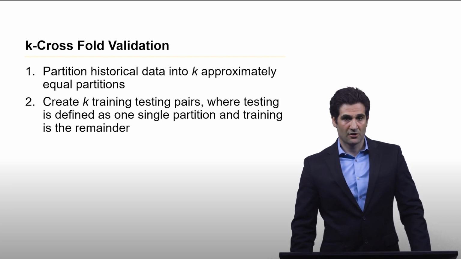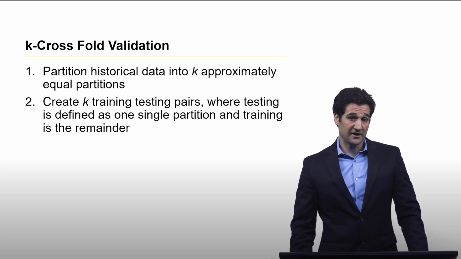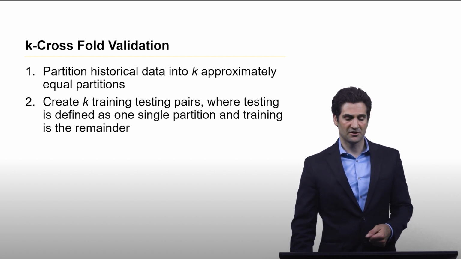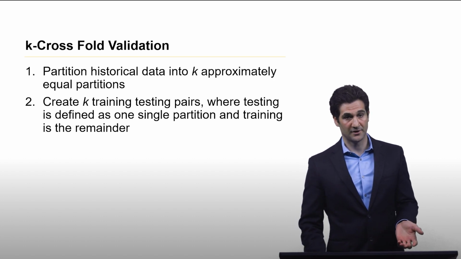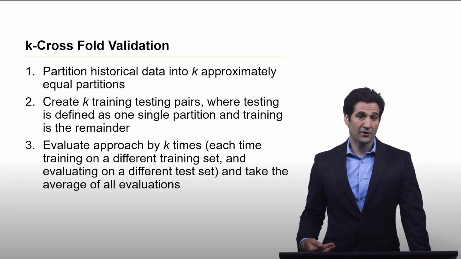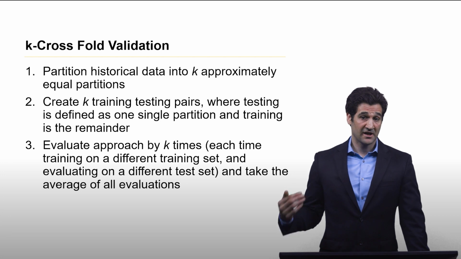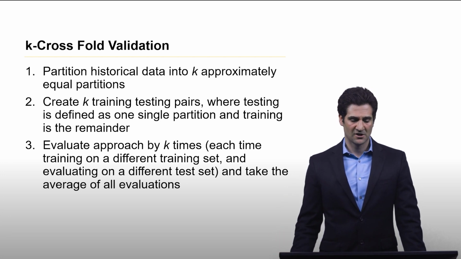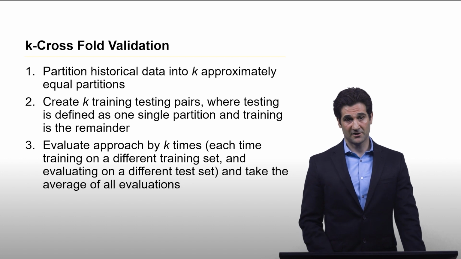From this, we're going to have K number of training testing pairs, where testing is defined as one single partition and the training data will be the rest. And now we're going to evaluate the approach K number of times, and we will take, say, the average or median of all those evaluations.